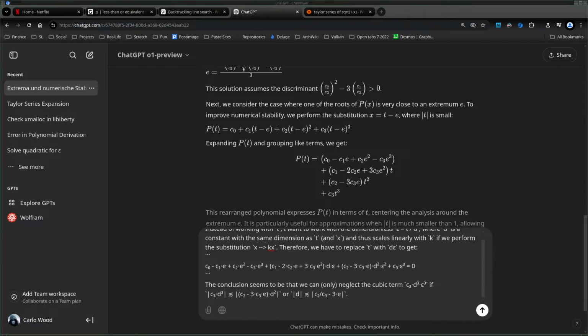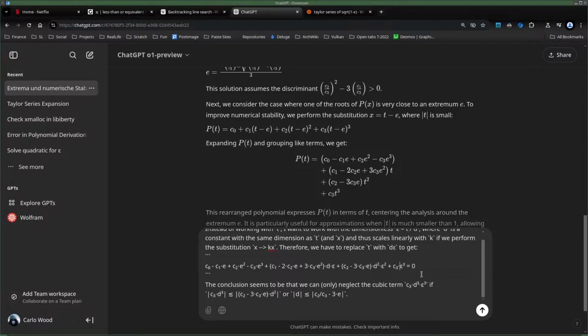No. It was C3 times t to the power 3. There's a d to the power 3 missing. Yeah, this is the whole thing. C3 times, and all out of that thing, okay?